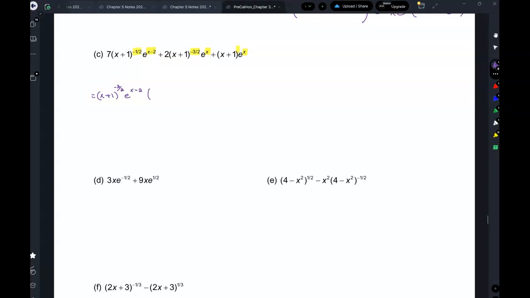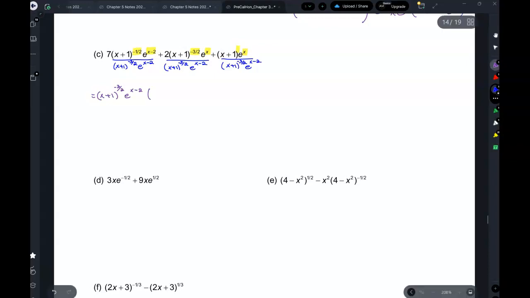Now, as I said, factoring out means dividing by the thing I factored out. Okay, so that's what I'm doing. X plus 1, negative 3 over 2, e to the x minus 2, x plus 1, negative 3 over 2, e to the x minus 2, okay?